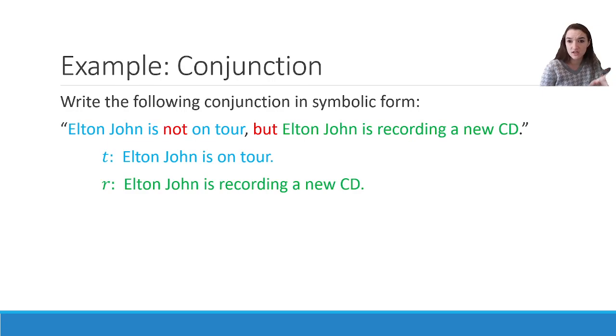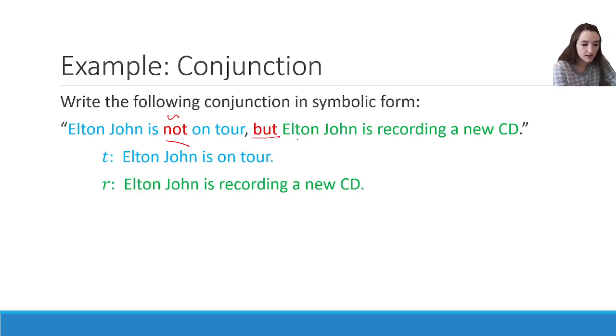You need to state the whole statement, that way we know exactly what you are defining as T and what you are defining as R. Then, to put it all together, we have T, Elton John is on tour, with a not placed into it, right? If we want to put that not there, that's going to be our tilde.